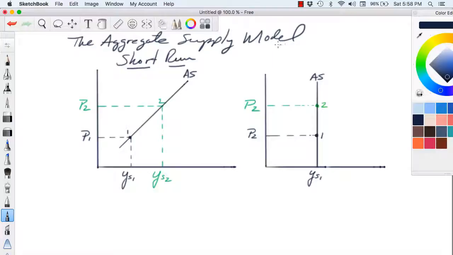The model on the right side takes a look at what we would consider to be long-run aggregate supply. You'll notice the model on the left has an upward slope, which means what? Higher prices, and again, this is a general price level. This might be going from a general price level of 100 to a general price level of 200. We're basically saying the general level of prices has increased. So if prices increase, we're arguing that will lead in the short run to an increase in real GDP supplied.